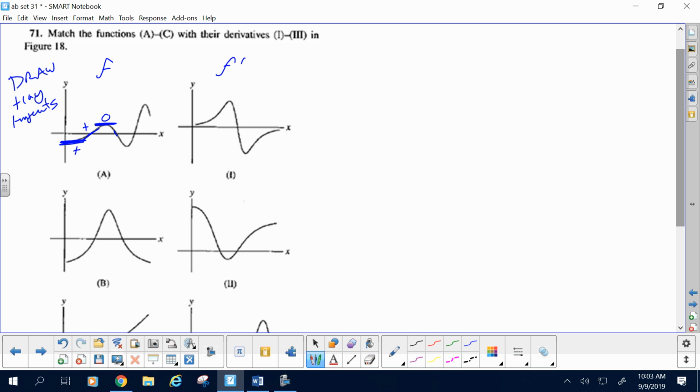Then the slopes go negative. Then here they go 0 again, positive, and then it's tempting to say, oh, that part doesn't matter, but it does matter because that's another place where the slope goes 0, and then afterwards it's negative. So when you go to find the derivative, you want to find a graph that has 1, 2, 3 zeros. Which graph has 3 zeros?